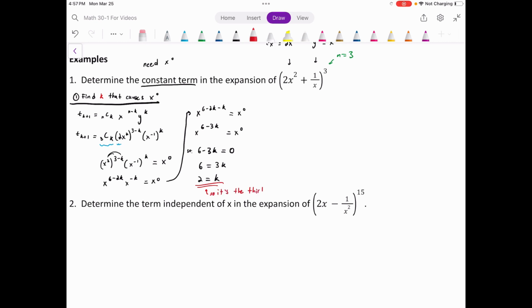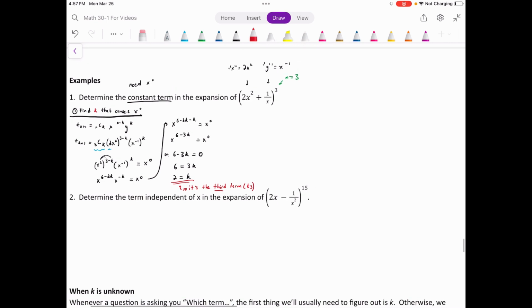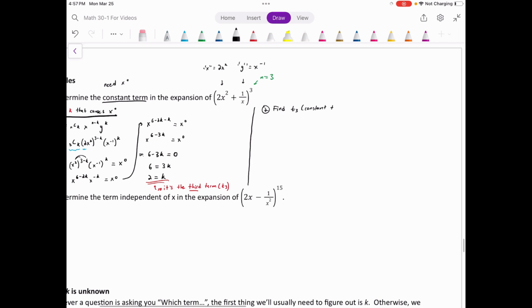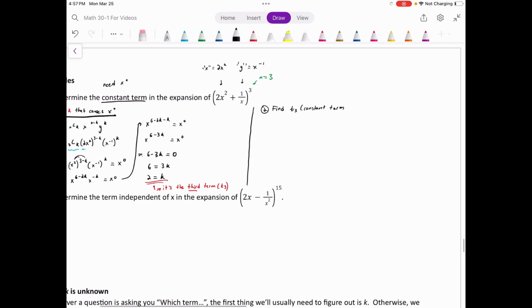Third term, so it's the third term, T3. So there we go. Now we know what we're finding. To find the constant term, we now know that we are trying to find T3. This should be the constant term because we figured out that when k is 2, the overall exponent on x is 0.